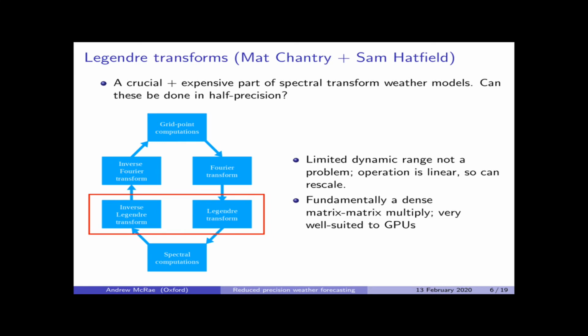Okay, so this is probably the highlight result recently. This is from Matt Chantry and Sam Hatfield, and this is all about Legendre transforms. Many of these weather models are what's known as spectral transform models. They do some of their calculations in grid point space, in physical space, and at some point they need to solve a differential equation.